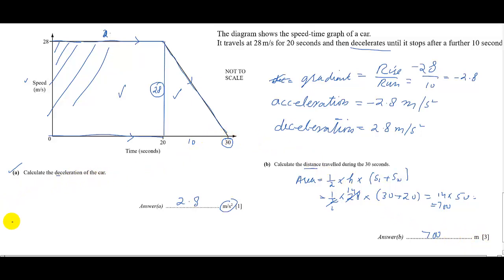Suppose there is a third part, finding the average speed of the whole journey. Students, the average speed of the whole journey is total distance over total time.